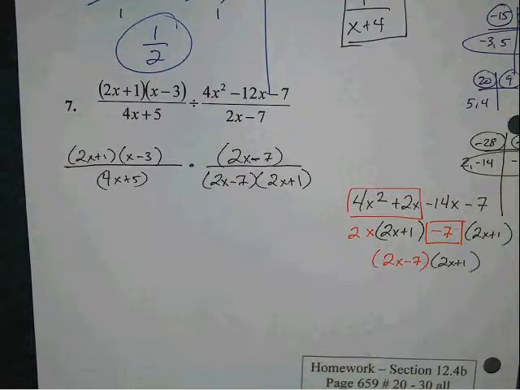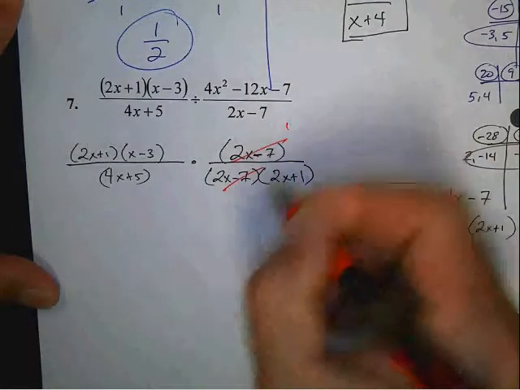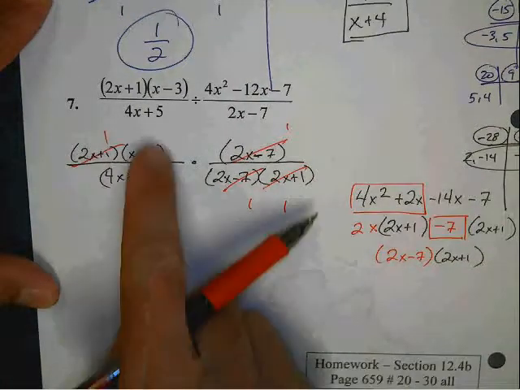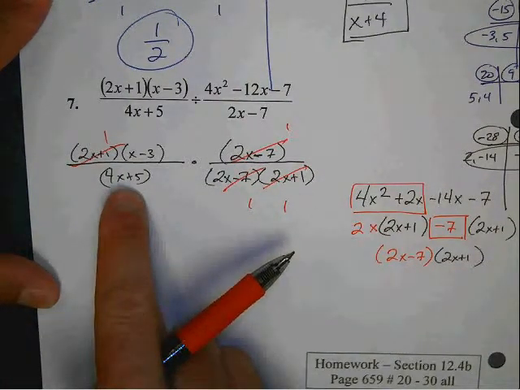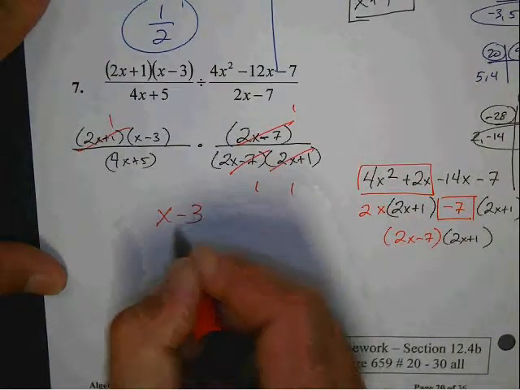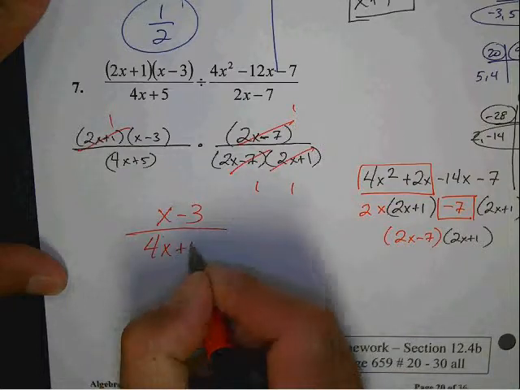So that kind of indicates to you, Luke, that you're doing the right thing. So cancel out your common factors. Do these two cancel? They're not the same, so they just stay. Boom.